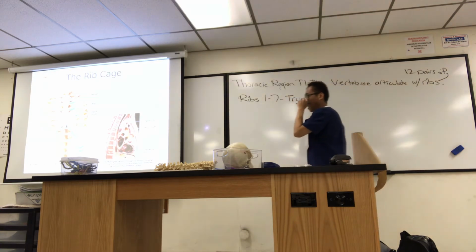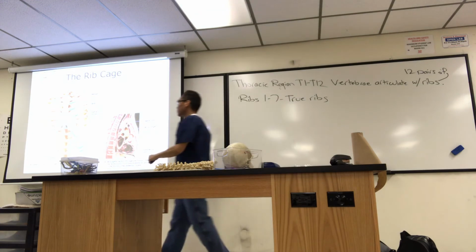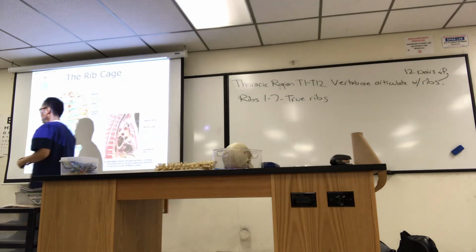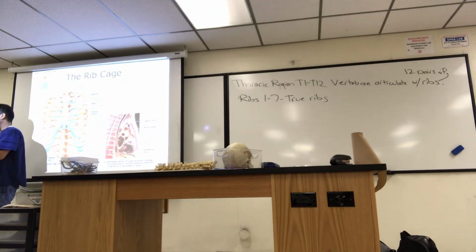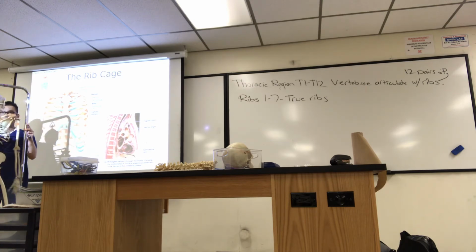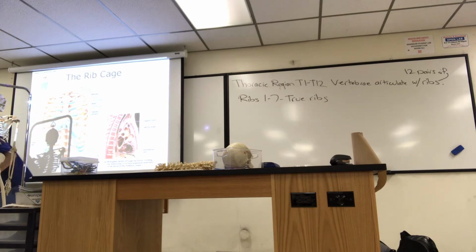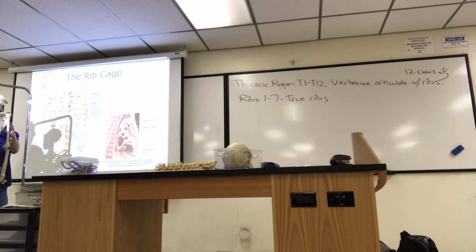Now, all the ribs articulate posteriorly with the thoracic vertebra. Okay, you can see the rib cage from behind. Oh geez, bones are falling off. We can put them back on. But they curve anteriorly and will articulate to the sternum via these costal cartilages.